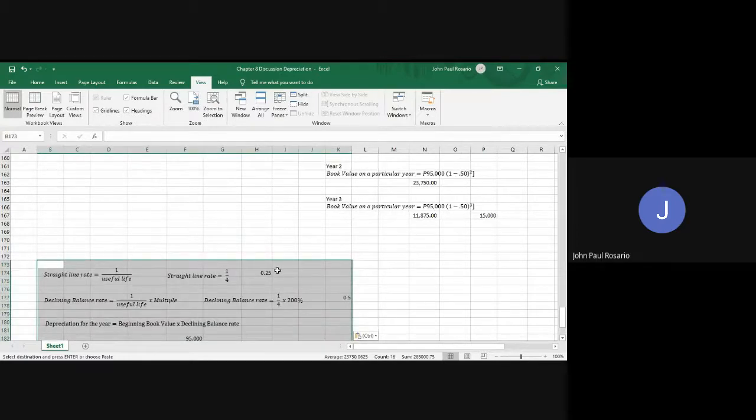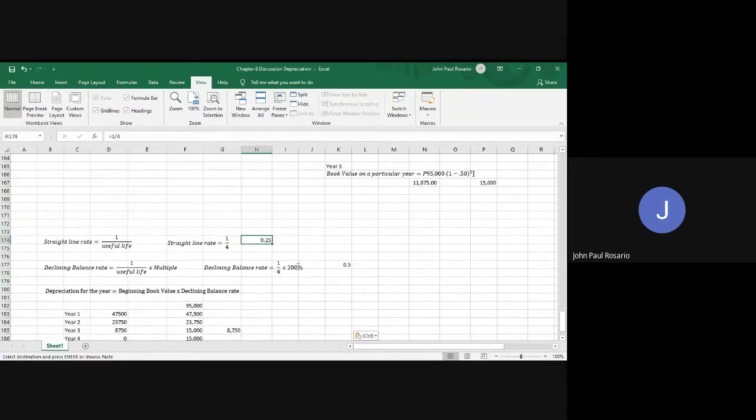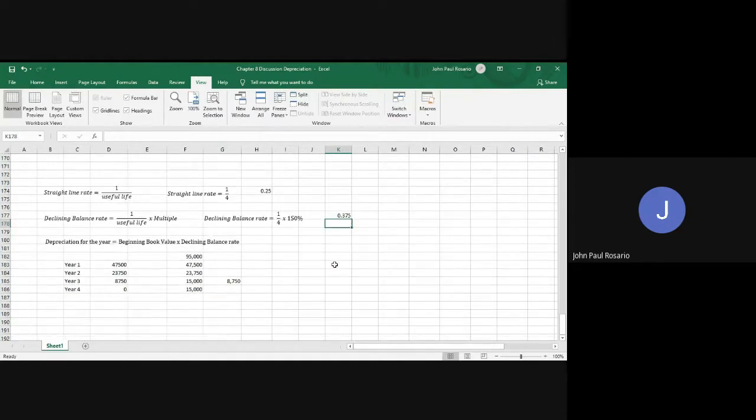So 1 over 4 is 0.25, and our multiple is 150%. So we'll get 1 over 4 times 1.5, which is 0.375. Plus 0.25 times 150%, so 0.375. So with that, our depreciation for the year is 37.5%.